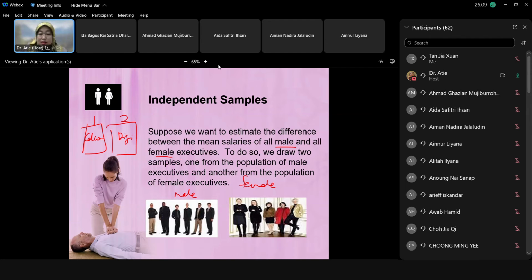From the male group, let's say n1, I take 15, and for the female executives, n2, I take only 8 people, for example. That's what we call independent samples.